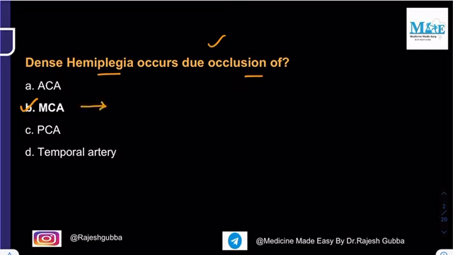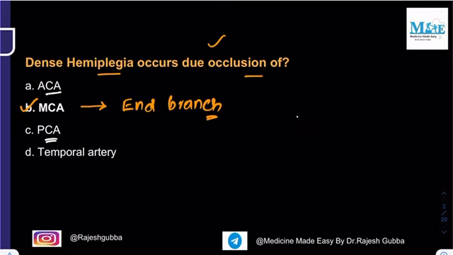First and foremost, the middle cerebral artery is an end branch, right? Or it is the terminal branch. There is no communication between the right and as well as left circulations. You take the anterior cerebral artery, the right ACA is communicated to the left ACA through the anterior communicating artery.